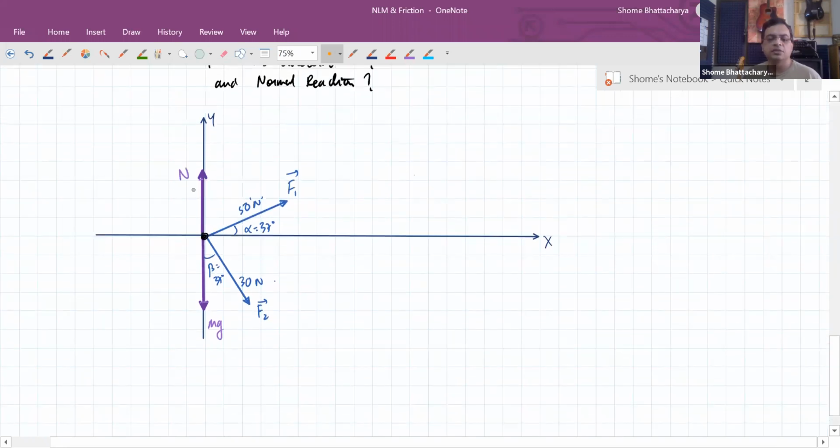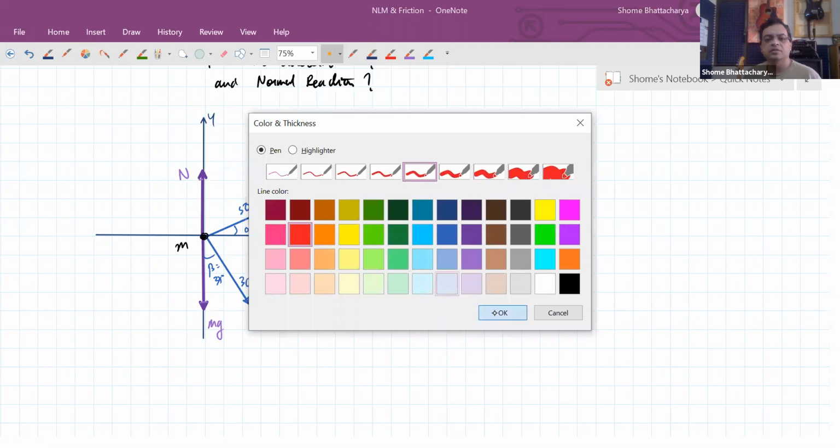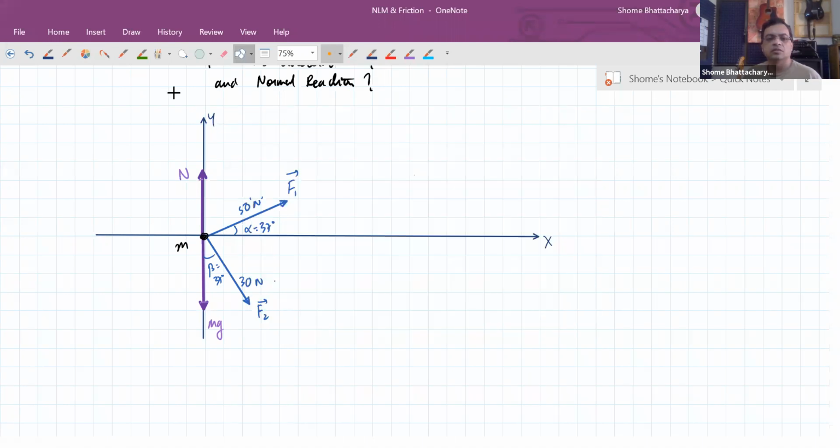And under the action of all this, the point mass, which was 10 kgs, should have an acceleration in this direction. Its acceleration, A, will be in the horizontal direction. Okay.